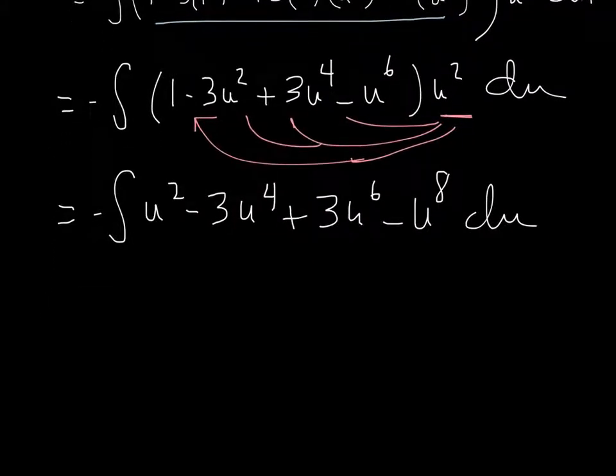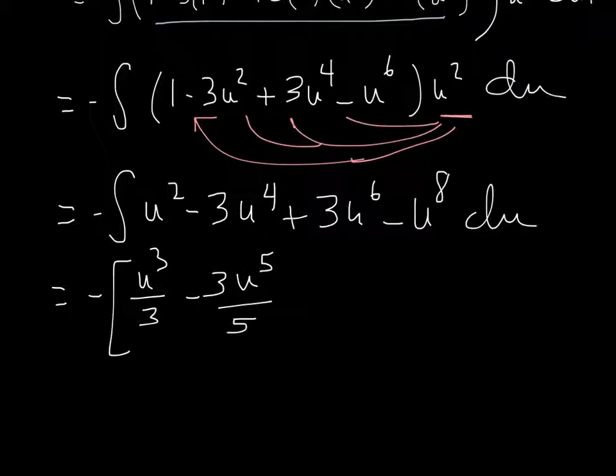So minus, this becomes u cubed over 3, since I integrated u squared. Minus, bring that 3 out front, u to the 5th over 5. Plus, bring that 3 out front, u to the 7th over 7. Minus u to the 9th over 9.